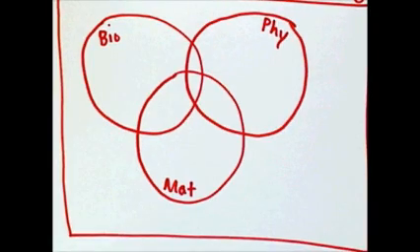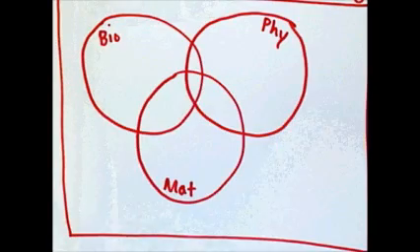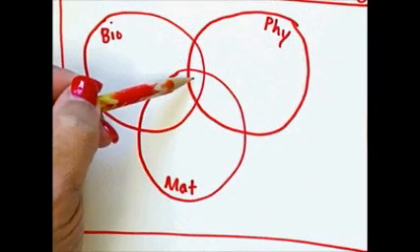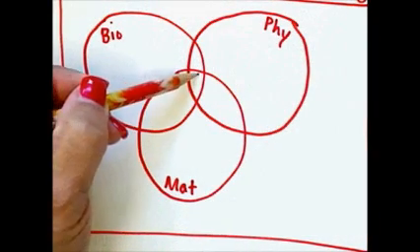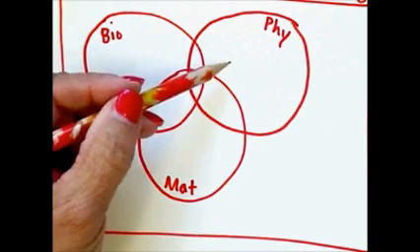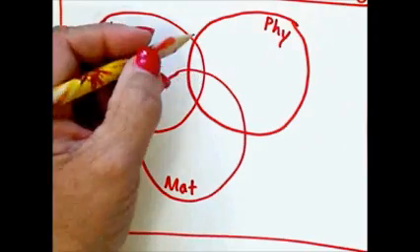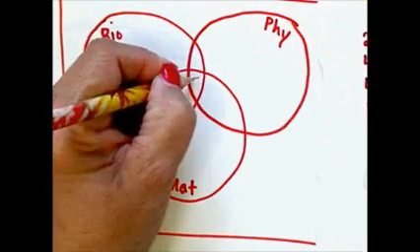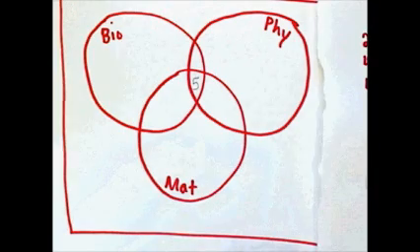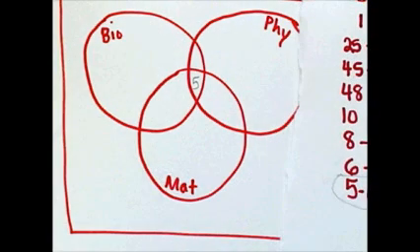Alright, so we're going to start out with what's in all 3, and that's what's going to go here in the center, because this little blob right here represents all the students that are in biology, in physics, and in math, because they overlap with all 3 circles. And that number of students is 5. Okay, then we're going to work backwards. We're going to look at the number of students taking 2 subjects.